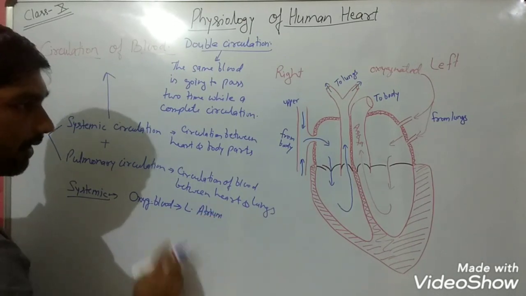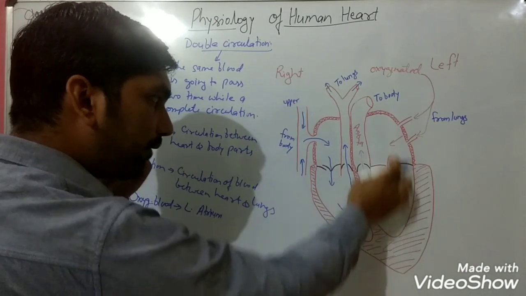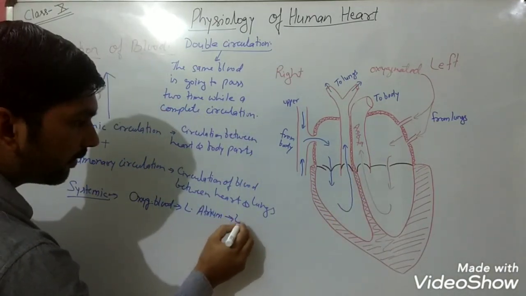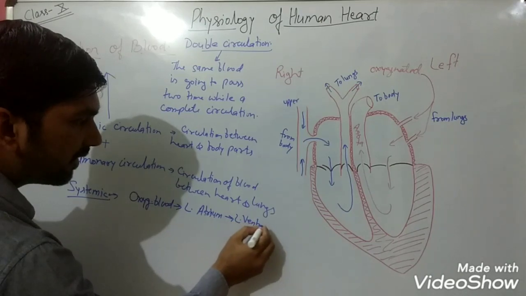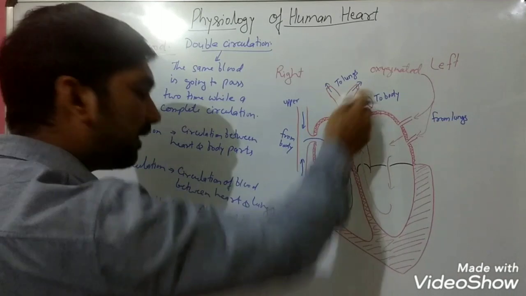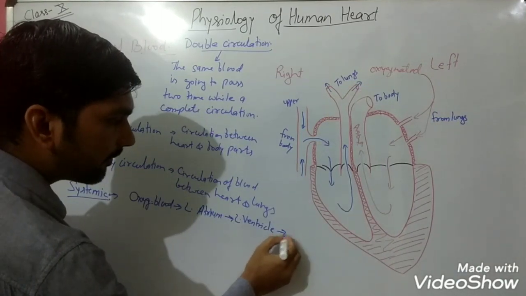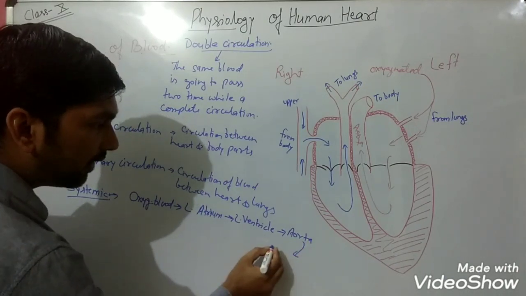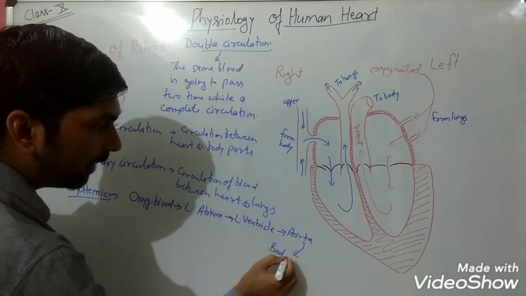From the left atrium, it fills into the left ventricle. From the left ventricle, it enters into the aorta, and from the aorta to different body parts.